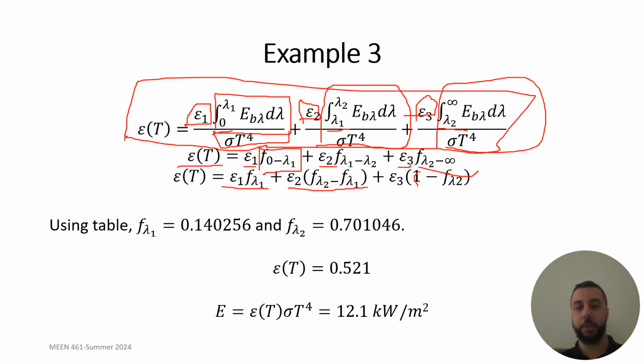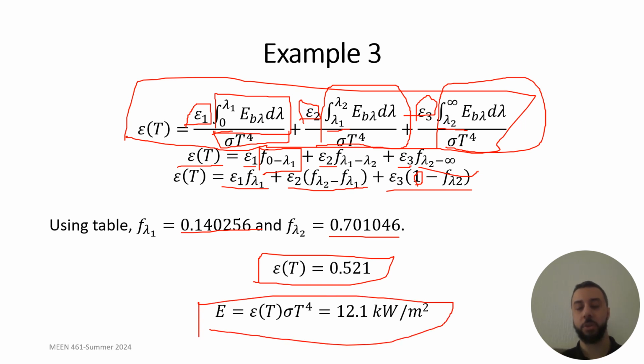And F of infinity is just 1, so that simplifies to that, and we have minus F lambda 2. Using the tables and calculating lambda T for both lambda 1 and lambda 2, and then using the table to get F lambda 1, we get these values, and we can plug them in and get the average emissivity for that surface. Then using the average emissivity to get the emissive power, we get 12.1 kilowatts per meter squared.